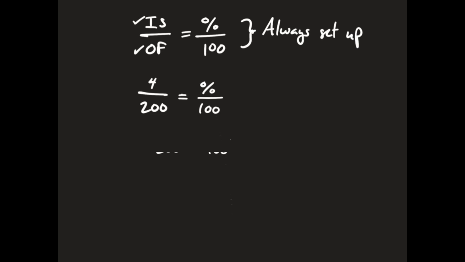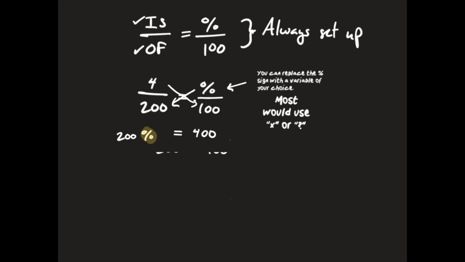So we'll solve this by going in a diagonal. I'm going to multiply these two, and that'll give me the 200, and we're going to figure out the percent. Over here, I multiply that one, and I'll get 4 times 100, which is 400. So we're trying to find the percent. To find the percent at this step, now I can just divide 200 on this side, and divide 200 on that side.